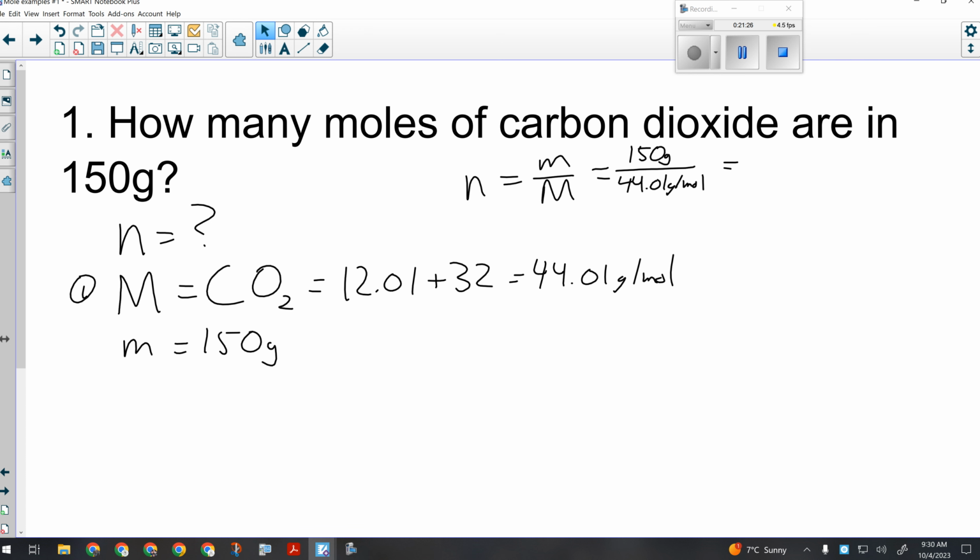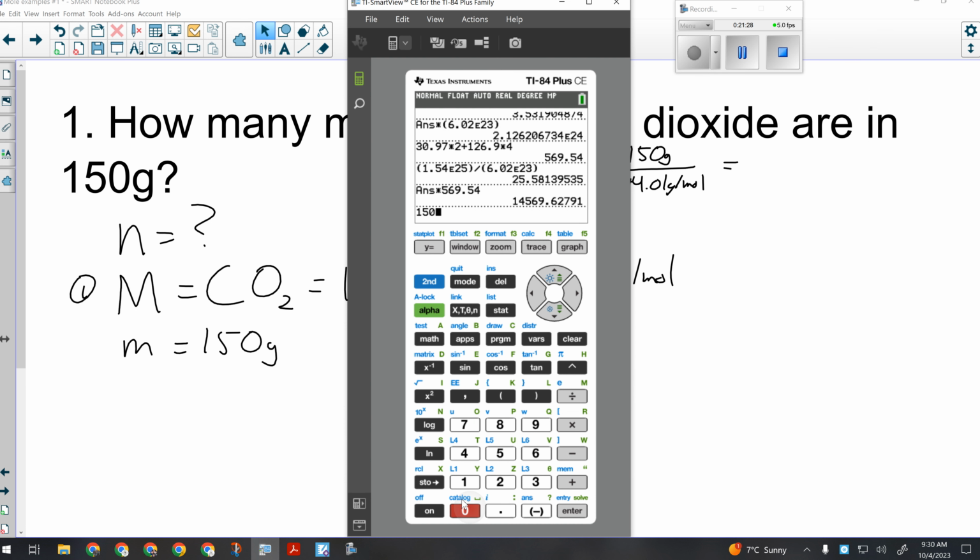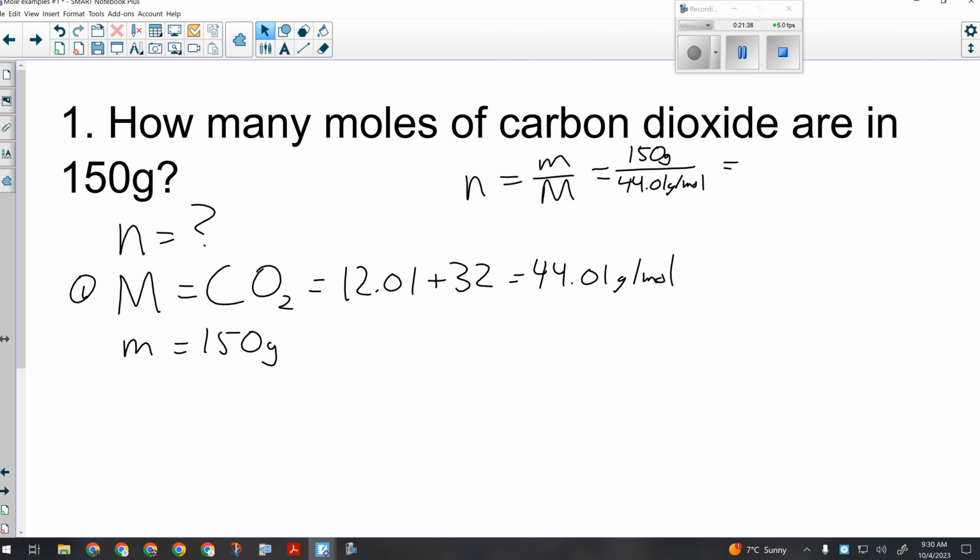When I divide those two things, 150 divided by 44.01, we're looking at 3.41 moles. Is that the easiest one?